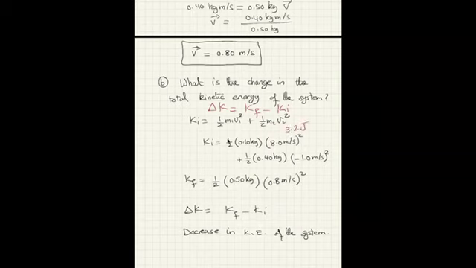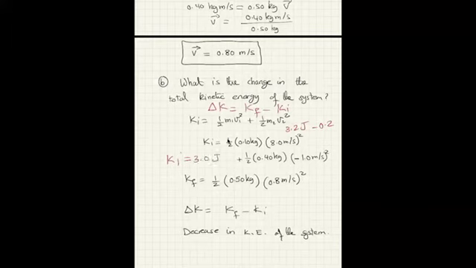The other one is 0.5 times 0.4 times 1, and of course this is minus 0.2. Then Ki is 3 joules.